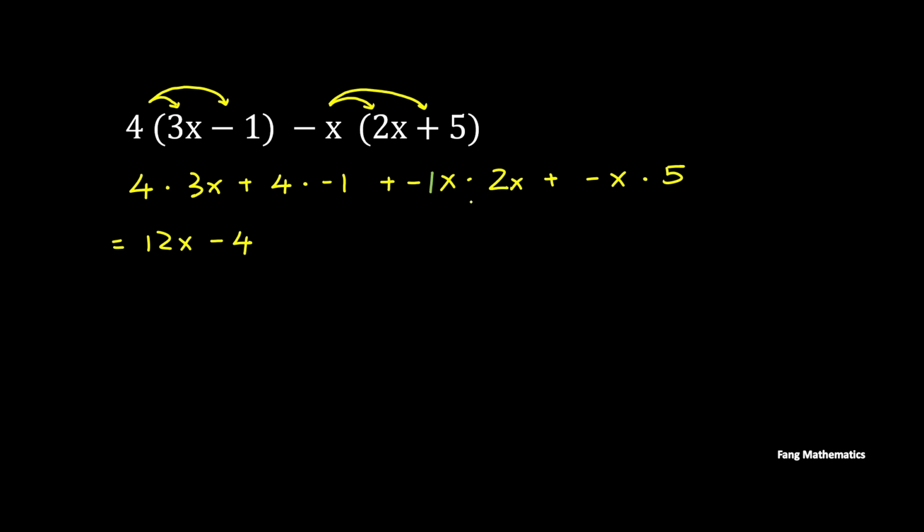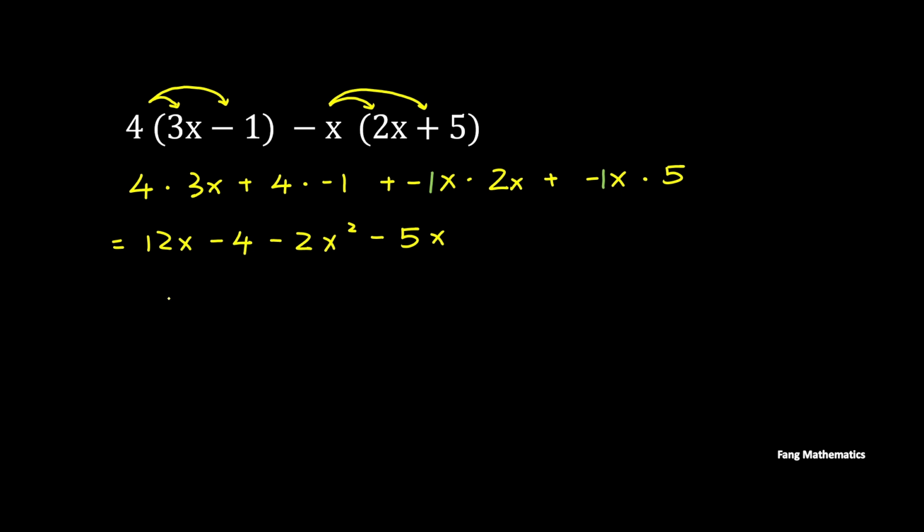So minus 1 times 2 gives you minus 2. x times x gives you x squared. And the next, you have minus 1x times 5. So minus 1 times 5 gives you minus 5, and attach your x.